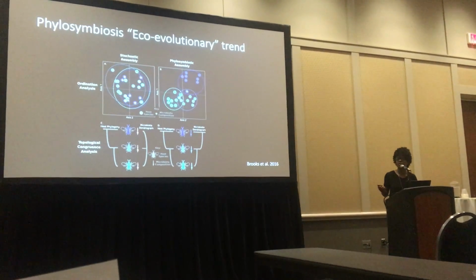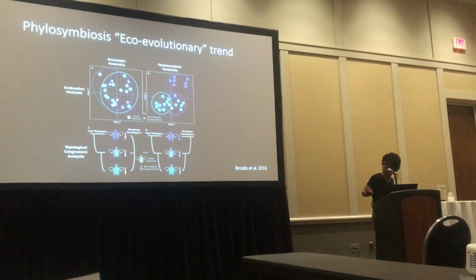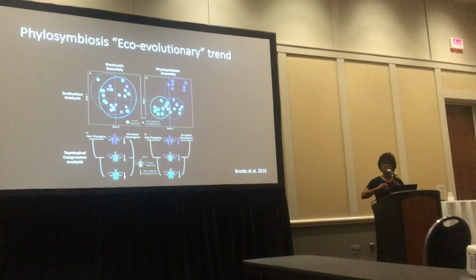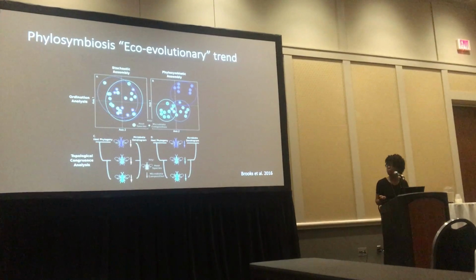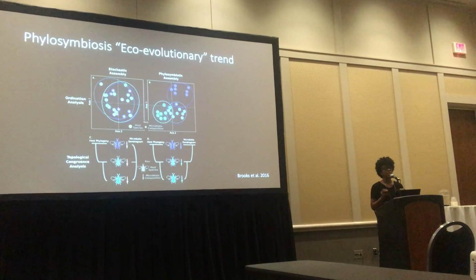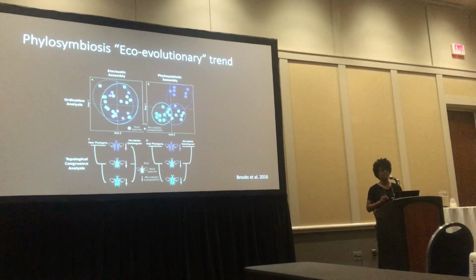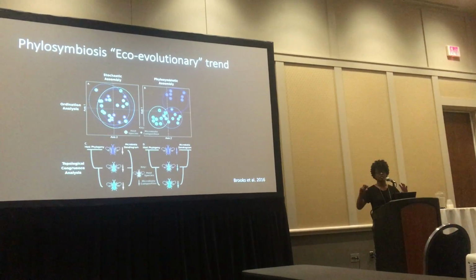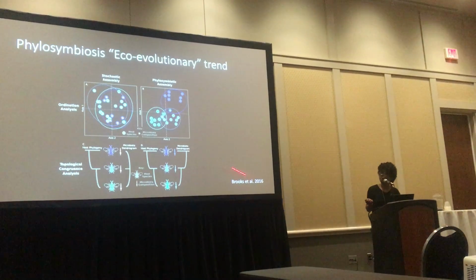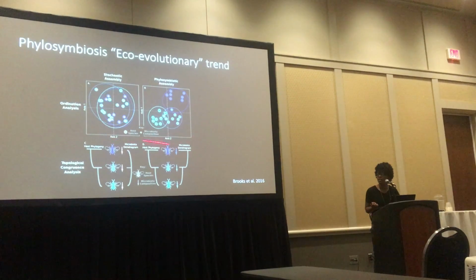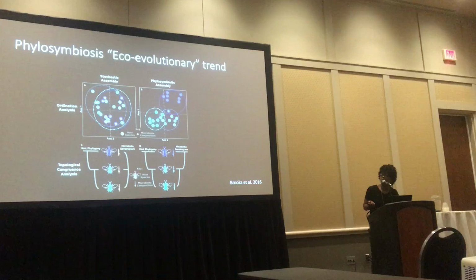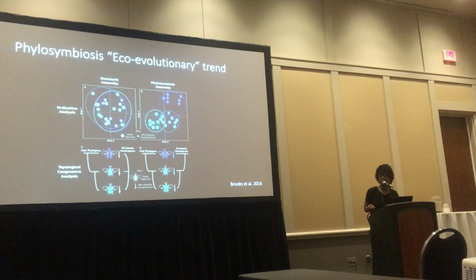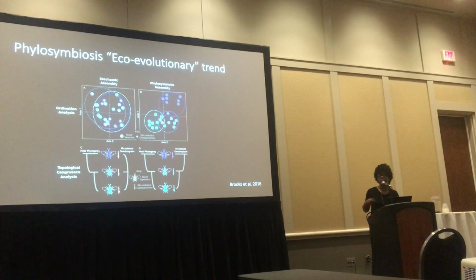You can have the two extremes: on the right, stochastic clustering, where there's no species significance of the microbiome. On the left, species clustering of the microbiome, where individuals of the same species cluster together. And if they do, you should see congruence between the host phylogeny and the microbiome community distances.